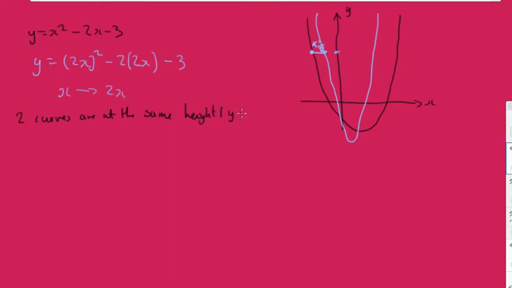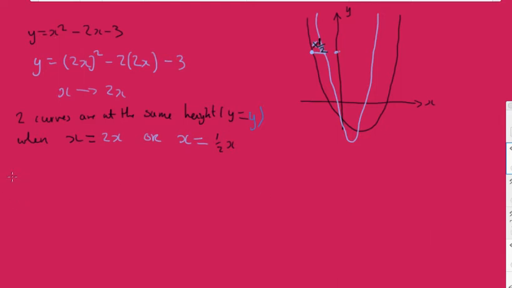So y equals y when x equals 2x, or x equals half x, and that's where we get that half there.